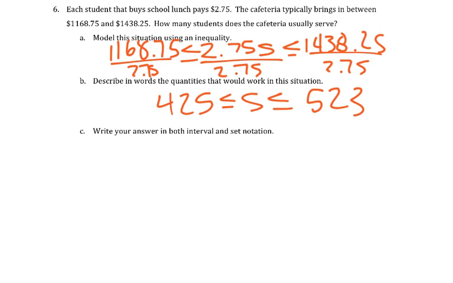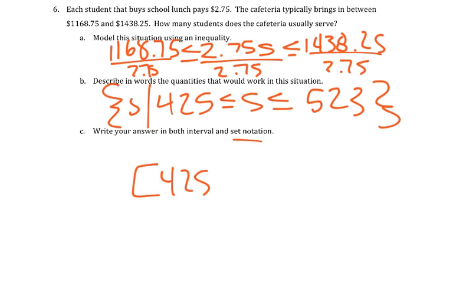So in words, between 425 and 523 students. Set notation, just go like this. Interval notation, 425 to 523. All right, there we go.